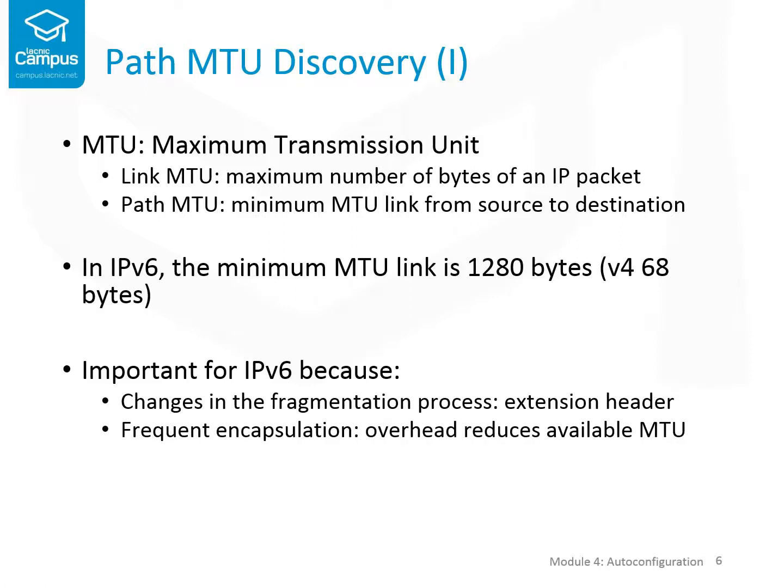MTUs are important for IPv6 because the fragmentation process changes, as we will see later, and the use of encapsulation is more frequent, so the available MTU is reduced. Path MTU discovery for IPv6 determines how to proactively discover the path MTU between a source and a destination by sending packets larger than 1280 bytes, beginning with the first hop's MTU.